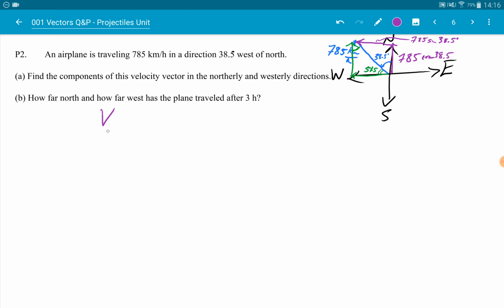I'll list it as V sub west, and V sub west will be 785 sine of 38.5 degrees. I grab my calculator, and I get 488.67, and that is in kilometers per hour.